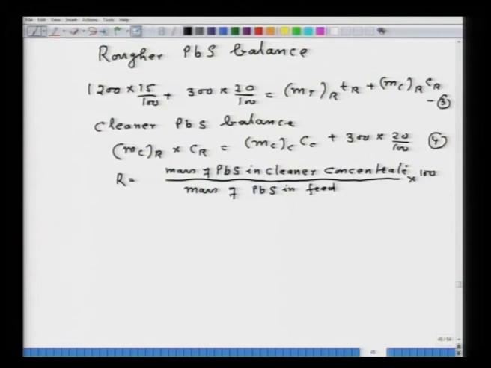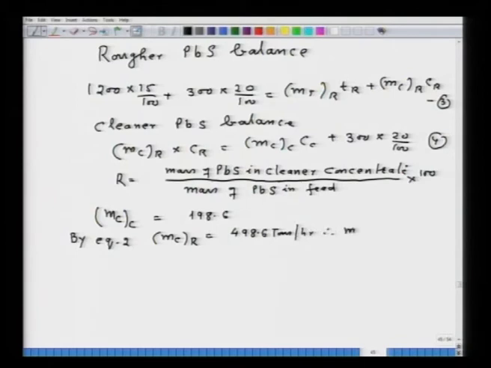So, if I substitute all the values, then from here I can find out the mass of concentrate in the cleaner, that will come out to be equal to 198.6. So, by equation 2 I can find out MCR, that will be equal to 498.6 tons per hour, and therefore, MTR, that will be equal to 1001.4 tons per hour.